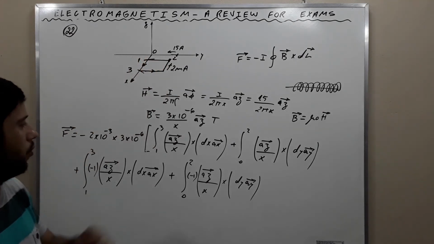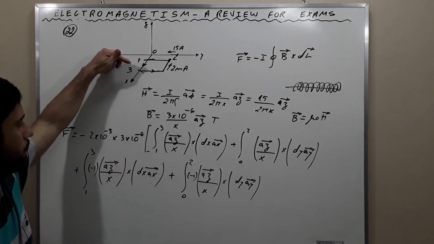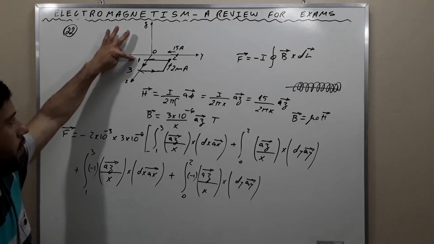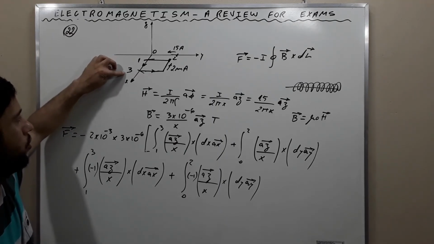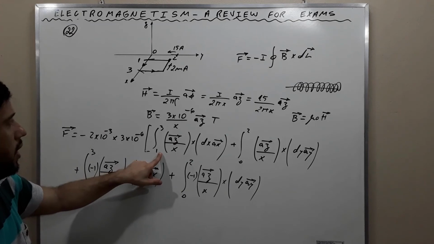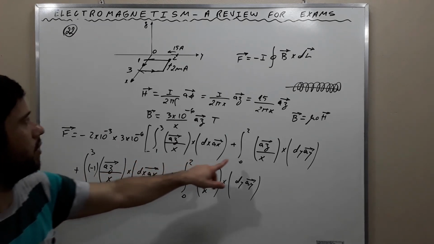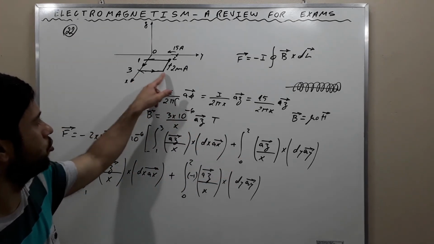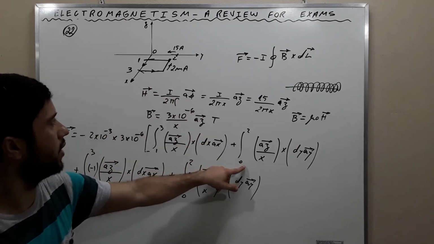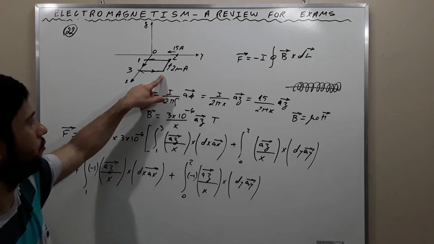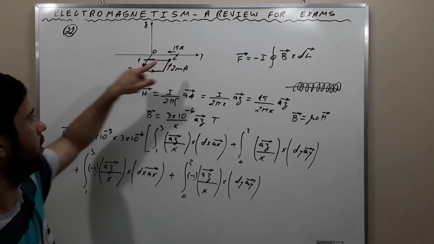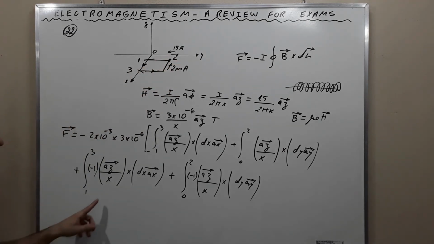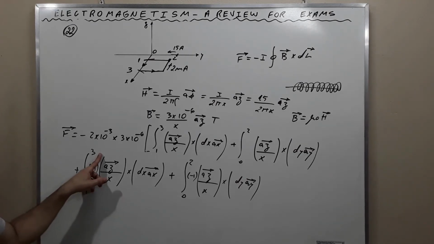We integrate first from 1 to 3 here in the x direction. Then we integrate from 0 to 2 in the y direction. Then we integrate from 3 to 1 again in the x direction. You could begin in 3 and end in 1.